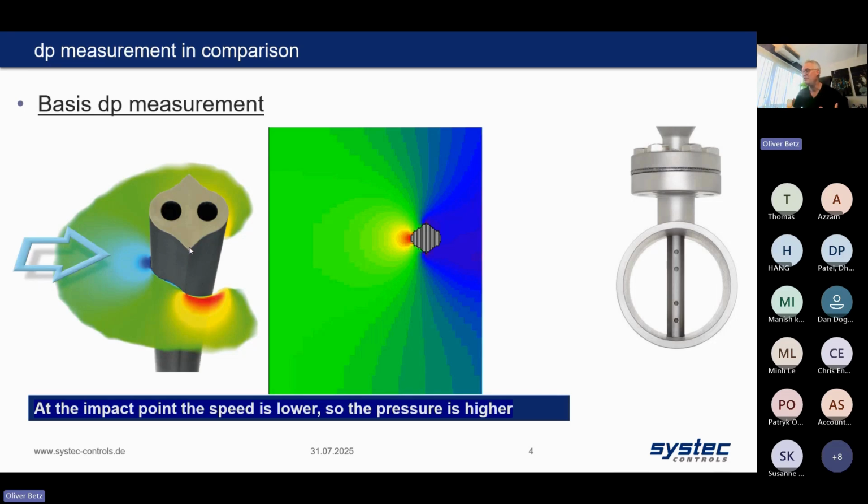The effect of this profile is that you have a very high linearity in the resistance factor of the probe. This resistance factor is a basic calibration constant, and it is really a constant at the SysTech delta flow probe, and not a function of Reynolds, for example. So this is why we have this very special profile.